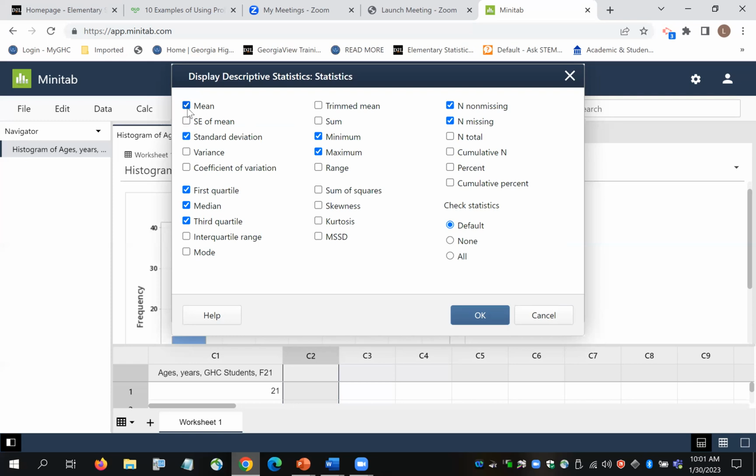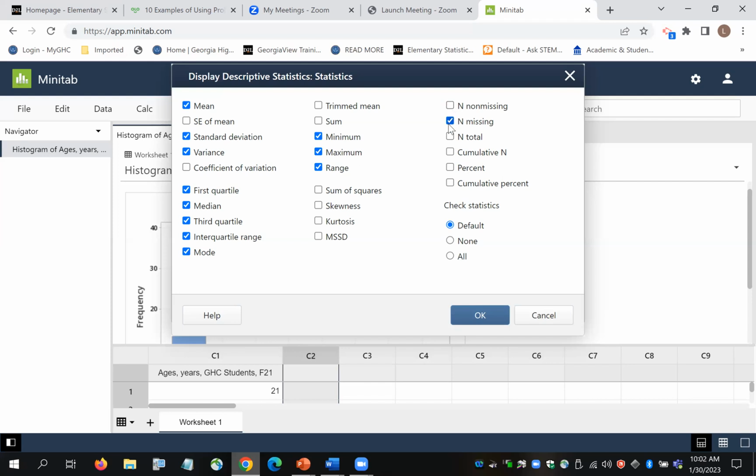I'm going to choose the things I need. There are some things already selected that I need to deselect, but I need the mean, the standard deviation, the variance. First quartile, median, third quartile, interquartile range, mode, the minimum, the maximum, the range.